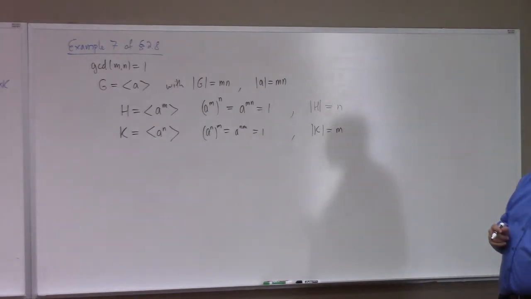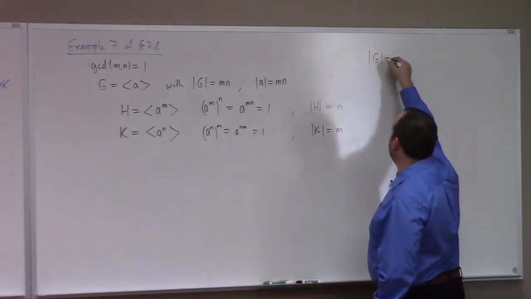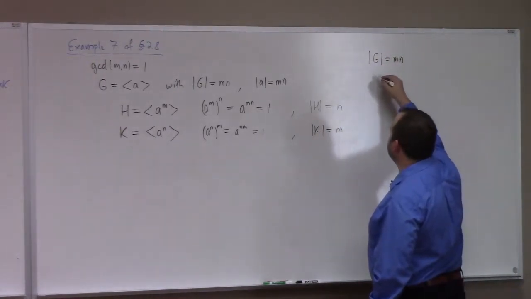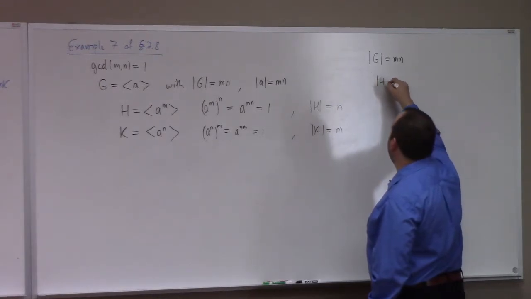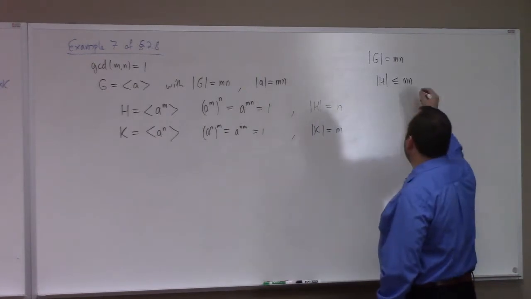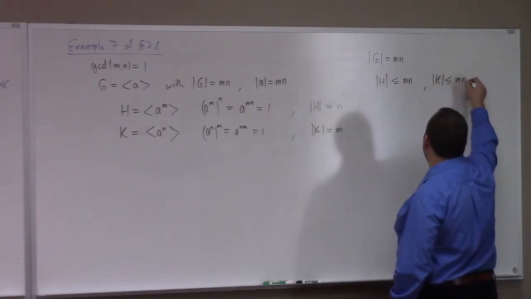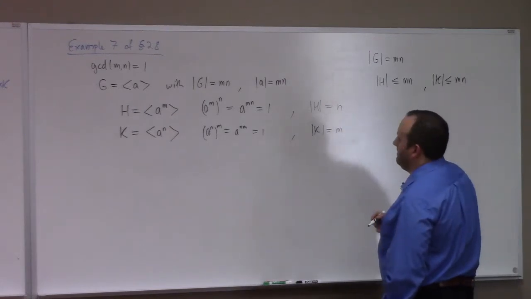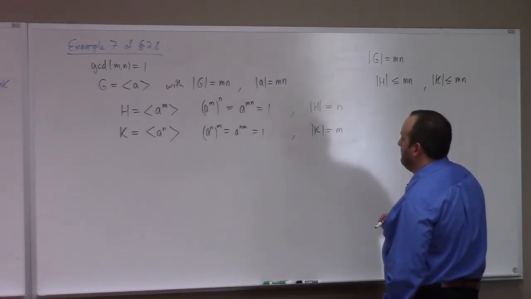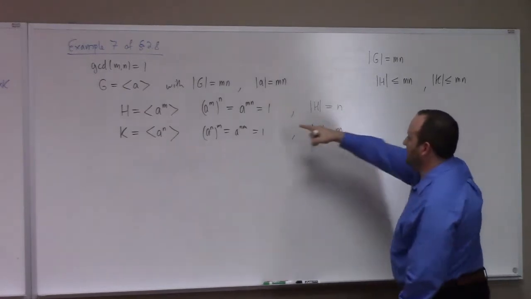Because if the order of the group is Mn, then obviously the order of the cyclic subgroup is at most that. So we know the order of H is less than or equal to Mn, right? And the same for K. And we already showed that a to the mn equals 1, so the order of H is at most n, because a to the m to the n is 1.